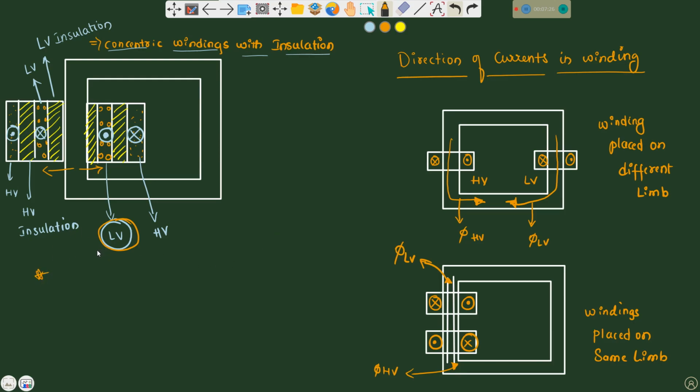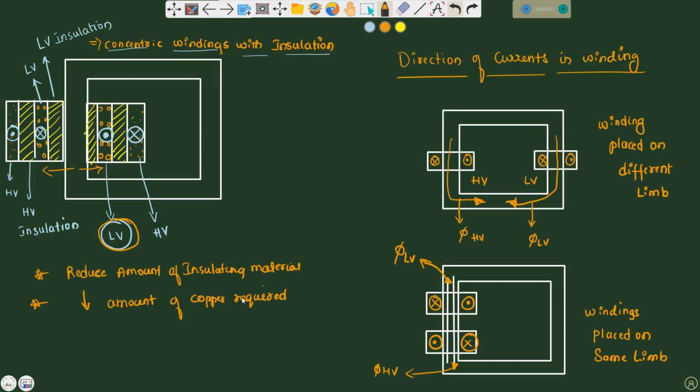It reduces the amount of insulating material. It also reduces the amount of copper required. Understood? Due to the above reasons, the size, weight and cost of the transformer reduce.